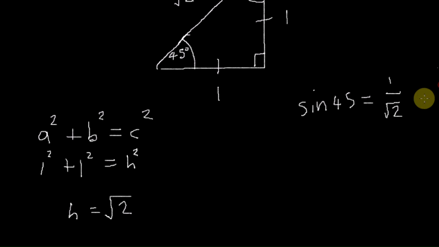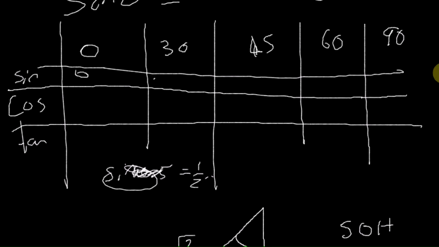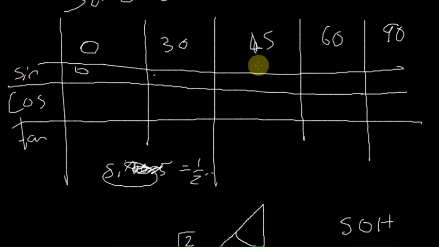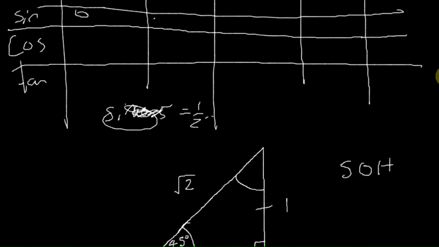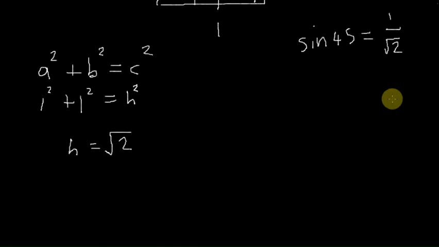If we want to fill in our little chart here, we'll write sine 45 here. However, the convention in maths, and this is one of the things about mathematics that is a little hard to grasp sometimes, is that they have preferred ways of writing equations.